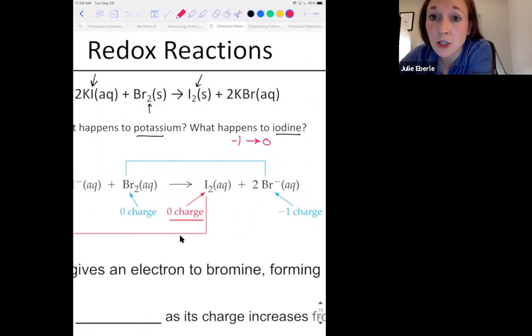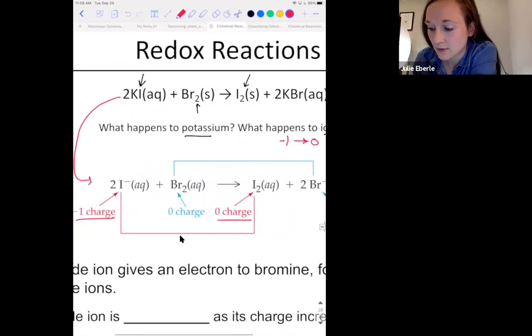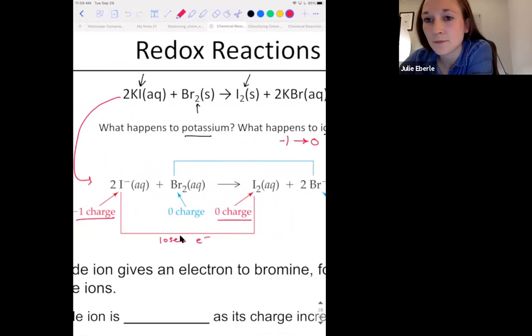That's the change in charge that is occurring. Did it gain or lose electrons? It loses electrons.